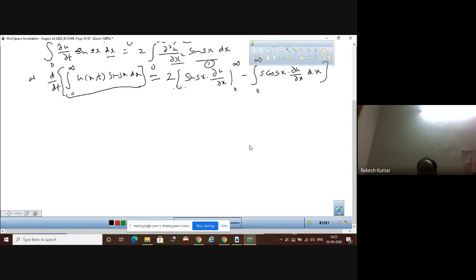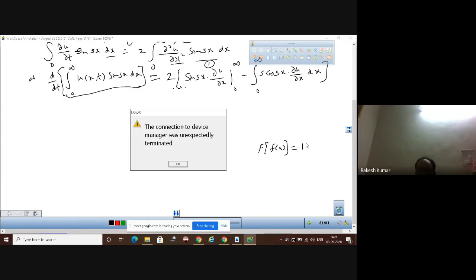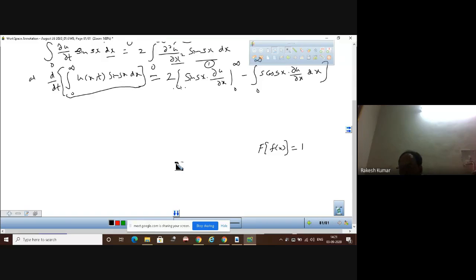Remember the definition: the Fourier transform of a function of x is always a function of a parameter s.